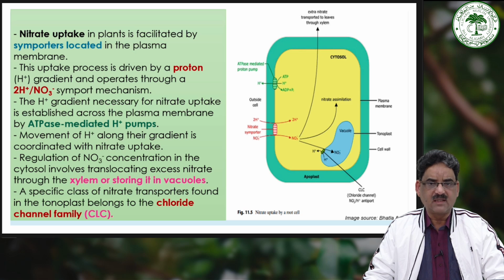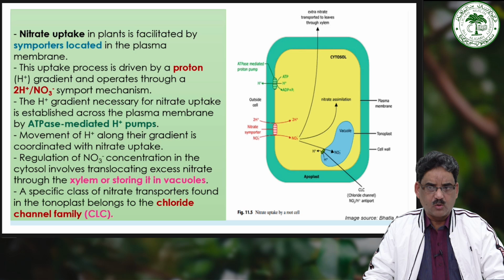To regulate the concentration of nitrate within the cytosol, excess nitrate is either translocated through the xylem or stored in vacuoles. Within the tonoplast, a specific class of nitrate transporters belongs to the chloride channel family.